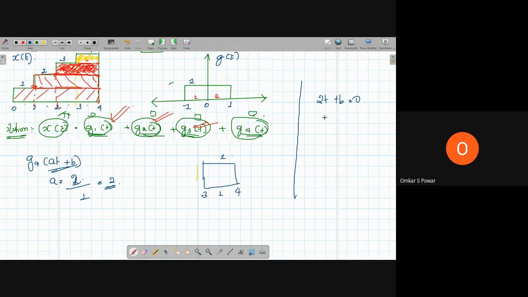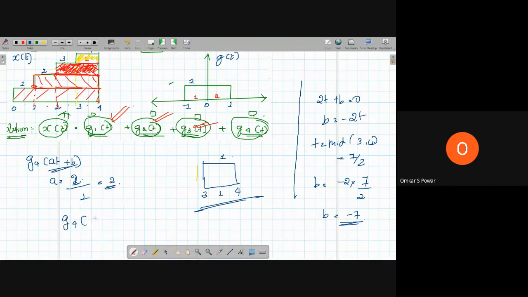A is equal to 2, so B is equal to minus 2T, but T is equal to mid value of this 3 comma 4. So what is the mid value of 3 comma 4? 7 by 2. So B is equal to minus 2 into 7 by 2. So what is the value of B? Minus 7. So we have got the value of B.